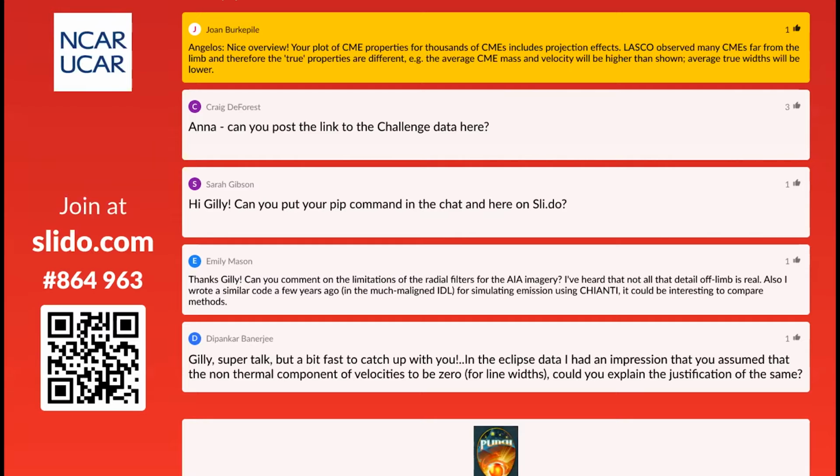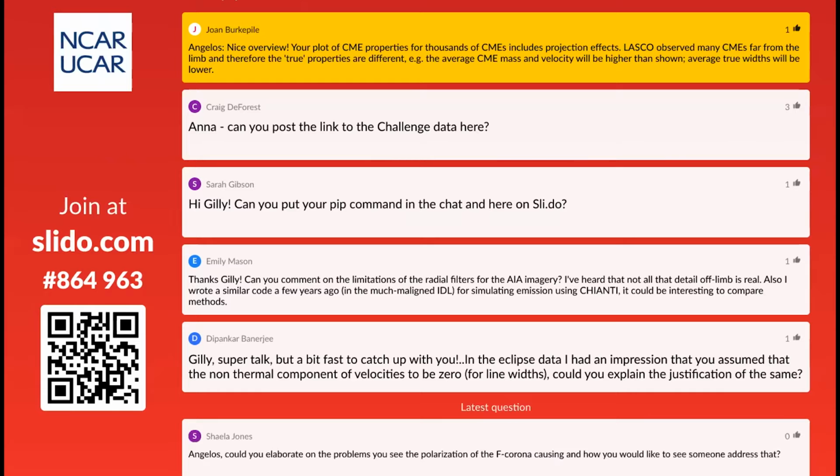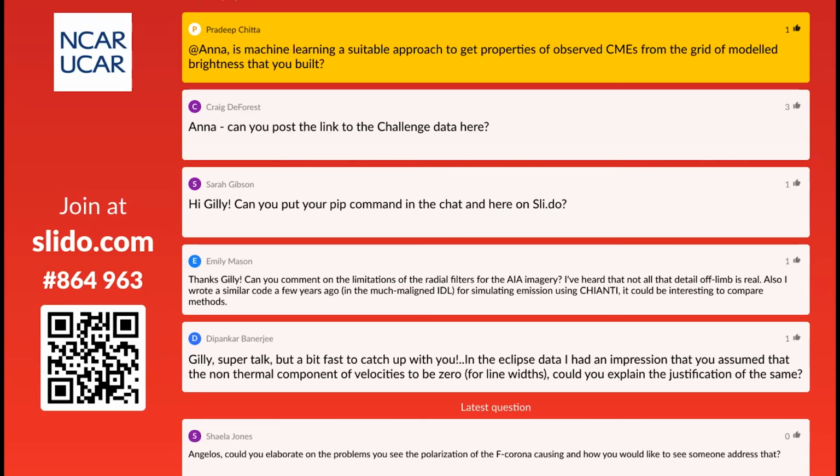The next question was for you, Anna, about whether machine learning is a suitable approach to get observed properties of CMEs from the grid. Yeah, and as I replied in Slido, yes, it absolutely is a possible avenue to explore.